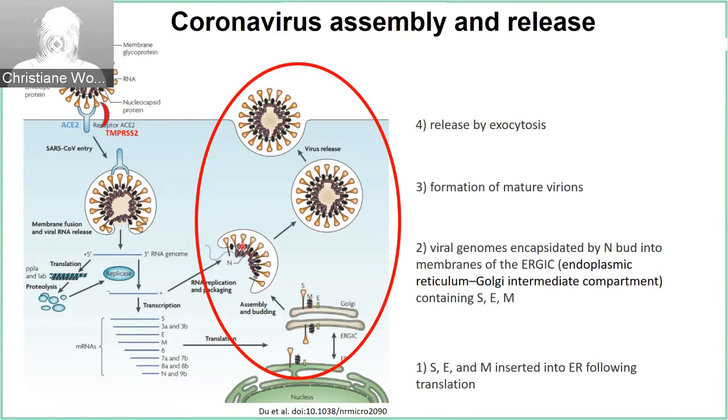So M will recruit both S and E, and then also N, which brings the genome along. And then the virus buds into the Golgi compartment to form the mature virions that can then be released by exocytosis.